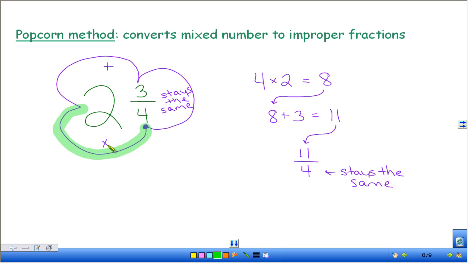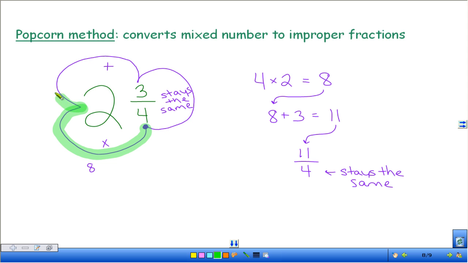Inside that bubble, I want you to put a multiplication symbol, because that's what you have to do with the numbers. So we're going to do 4 times 2, which is what? 8. Okay, if you want to write a little 8 down here, you can do that. A lot of these are pretty easy to do in your head. So we have 4 times 2 is 8.